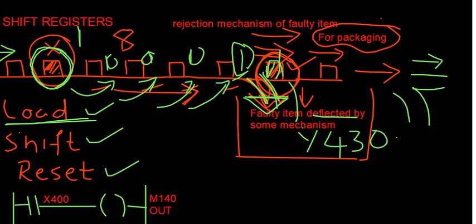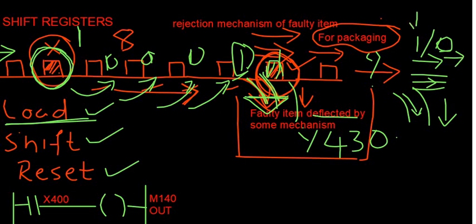However, if there is one more faulty item coming, then definitely it will deflect it again. That all depends upon what comes here, whether a 1 comes or 0, that will decide whether you move in this direction or deflect it in this direction. As long as it is 1, it should deflect. As long as it is 0, it shouldn't deflect. So that's the requirement.